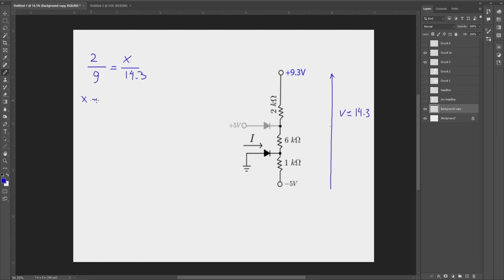I'm going to write this down. I don't like it when engineers skip the steps when explaining things, so let's not skip any steps. 14.3 times 2, that times that over that, divided by 9.